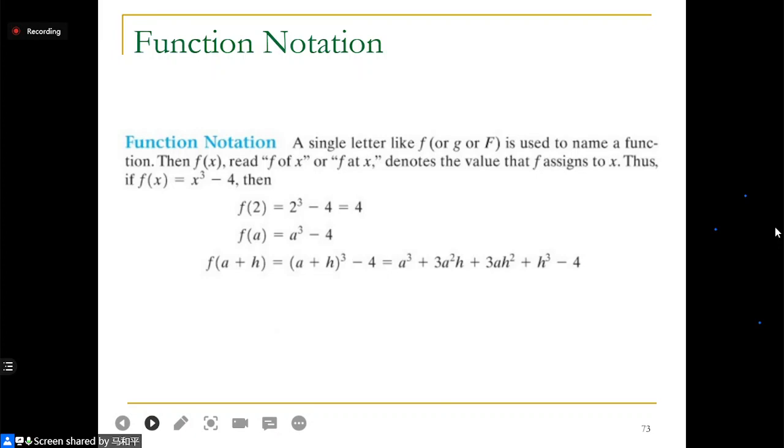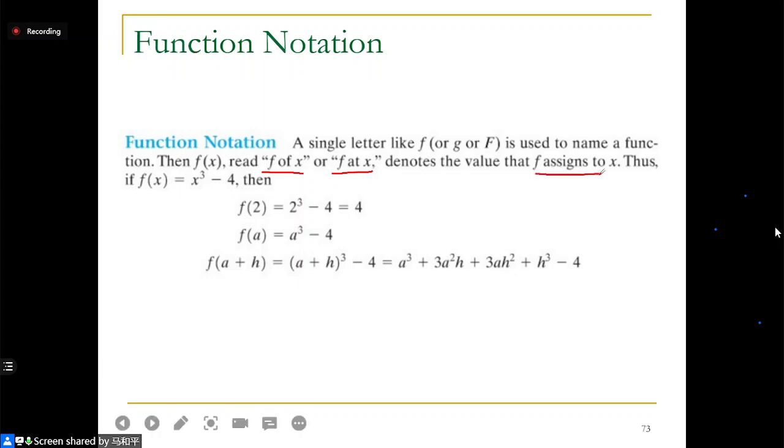And we use a single letter like f, g, or h to name a function. Then f(x), read f of x, denotes the value that f assigns to x.